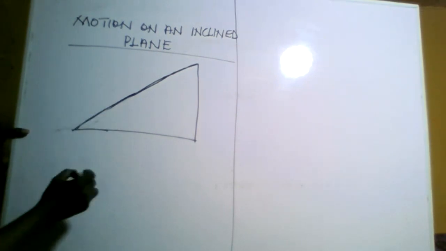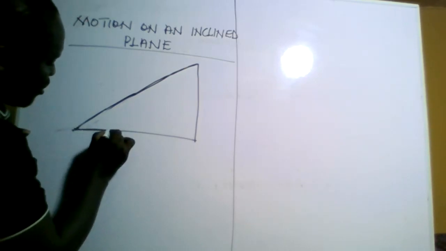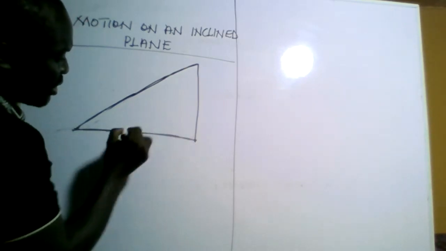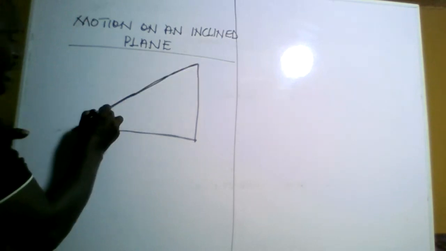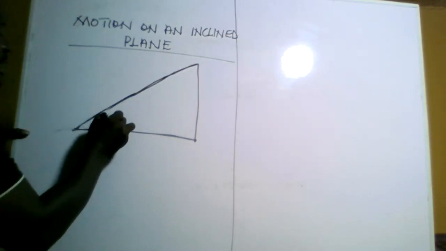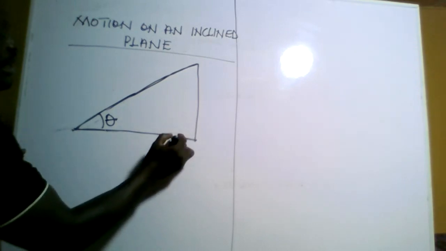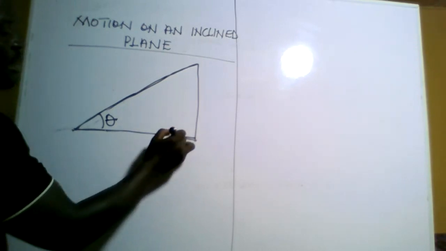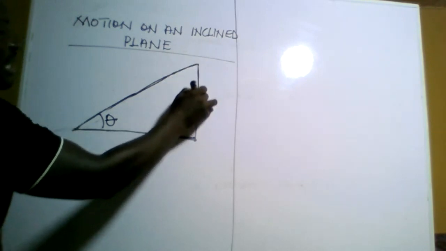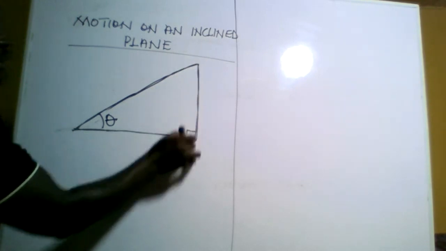The angle of tilt between the horizontal, which we are calling the ground, and the plane is theta. We have formed an inclined plane where this side, the vertical, is perpendicular to the ground.